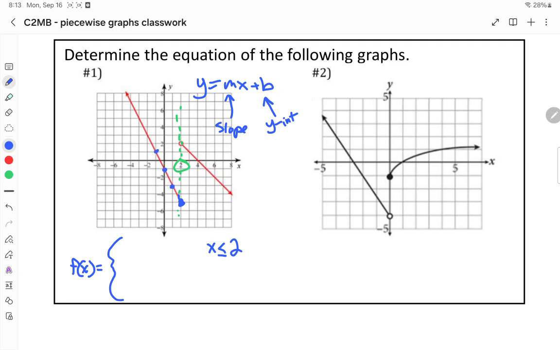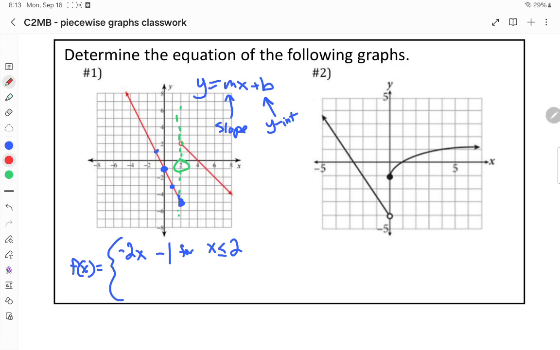Going over to the left there, this is a negative slope. You read lines right, like you read sentences, left to right. That is going down, so negative 2x. And then the y-intercept is where it hits the y-axis, which I've already bolded in here at negative 1. So I say negative 2x minus 1 for x is less than or equal to 2.